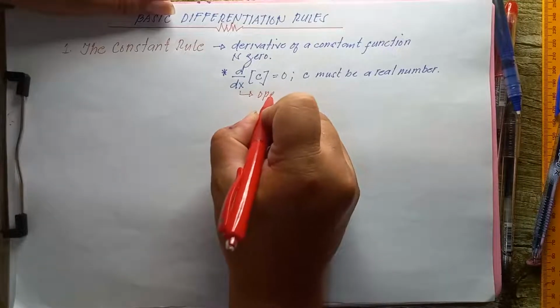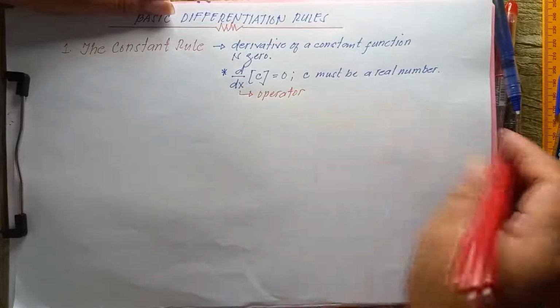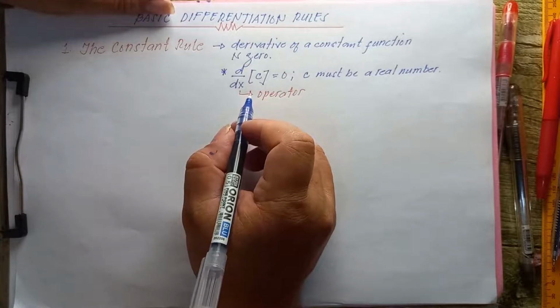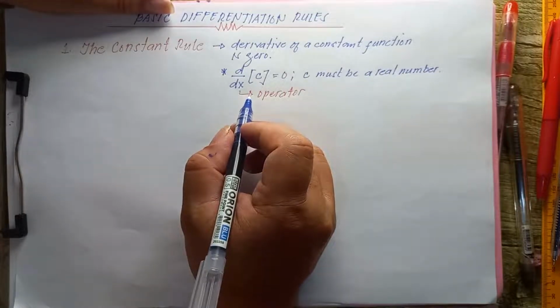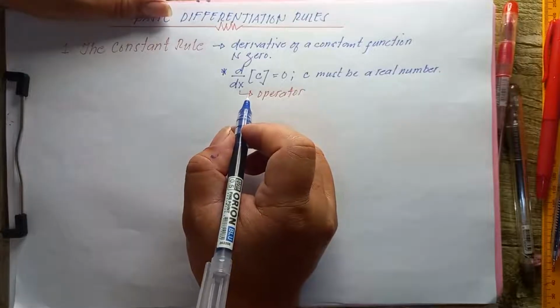So meaning, if you see this notation, it means that you are actually taking the derivative of a function.